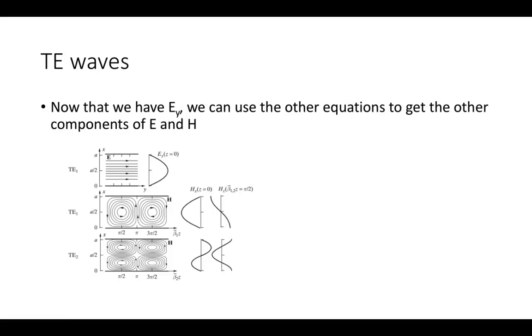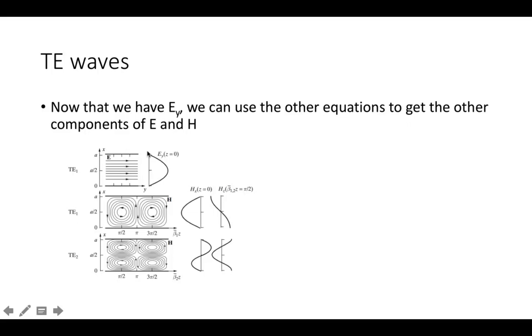We have the top plate at a, and the bottom plate at 0. This direction is the direction of the width of the waveguide, so we're actually looking into the end of the waveguide. And what we see here is that E has a y component, E_y. That y component varies: it's 0 at the top plate, 0 at the bottom plate, and it has this sinusoidal variation. And this is for mode 1.